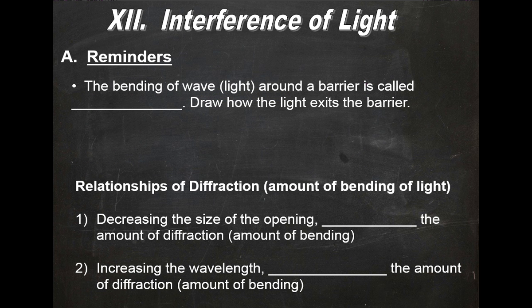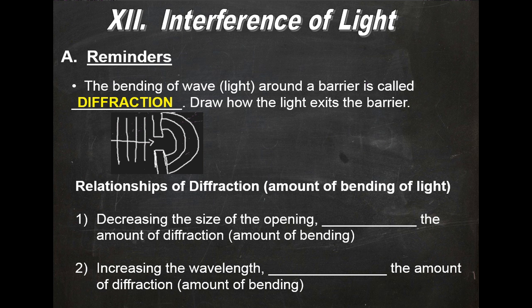Also, let's review what the bending of light around a barrier is called, and that is known as diffraction. And what diffraction looks like is that we have a nice wavefront coming in here on the left, and we've got this little barrier.